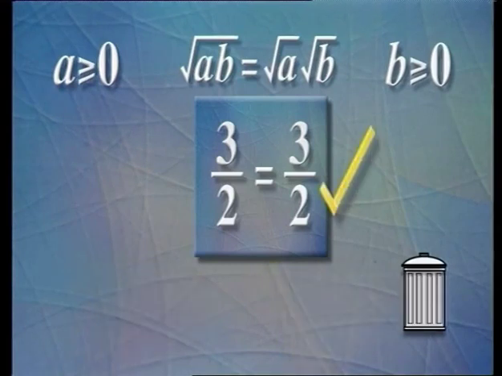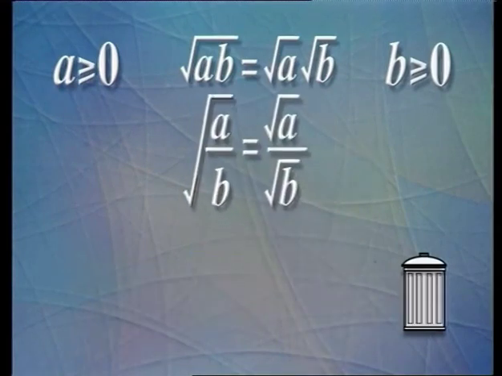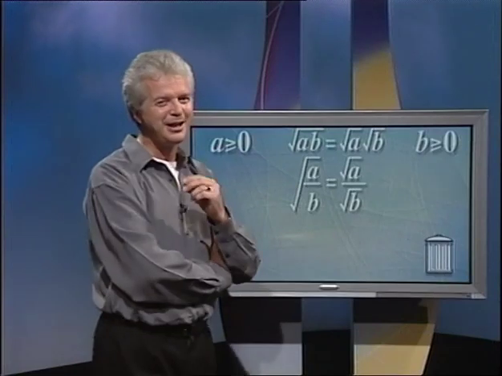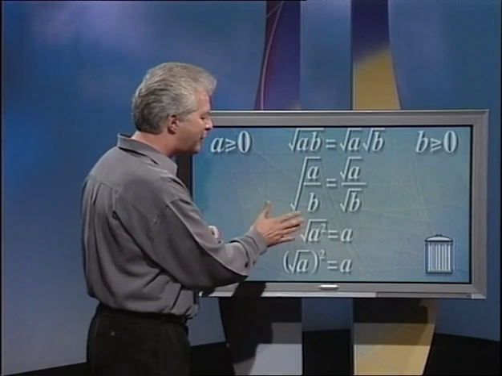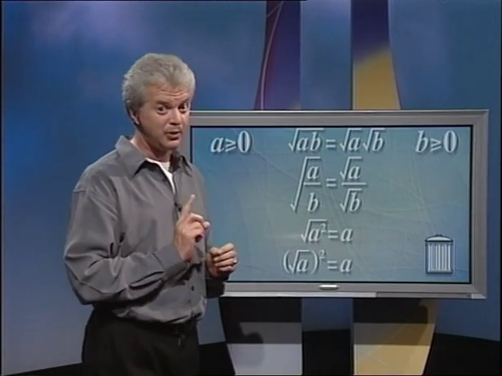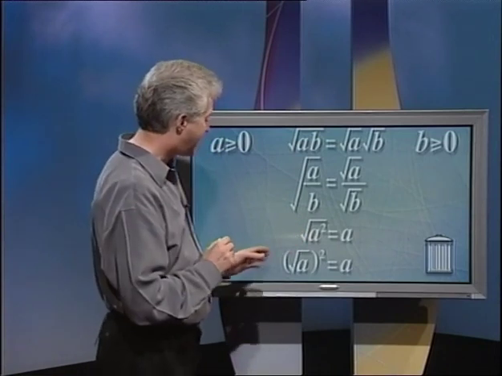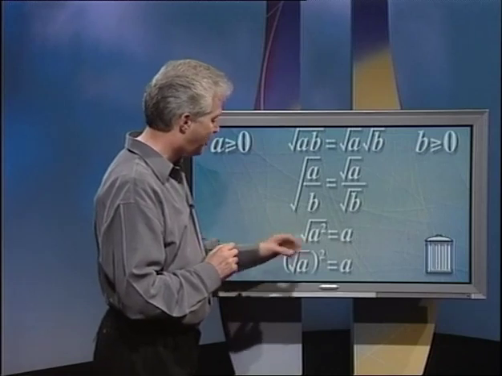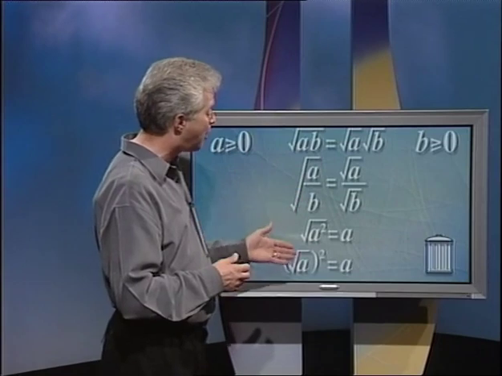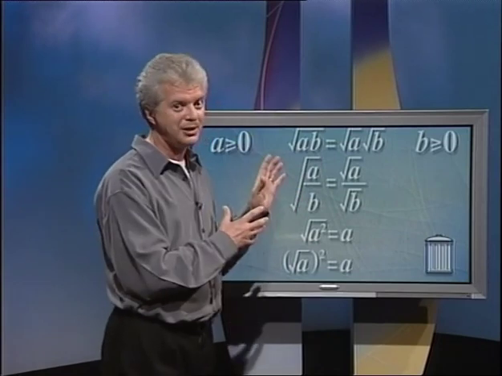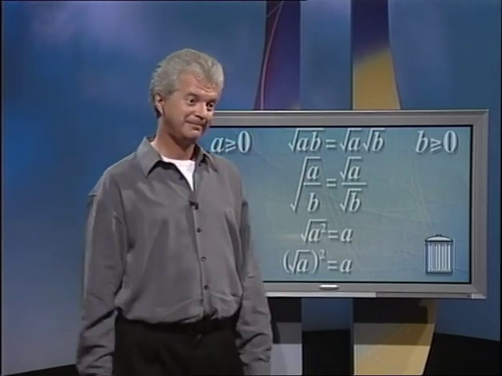Correct in the particular case, so the general case becomes our second rule. There's another couple I'd like to mention, by the way, before we finish. The first is that the square root of A squared is always equal to A. And secondly, the square root of A all squared is equal to A. So we have these 1, 2, 3, 4 very important identities to do with square roots.